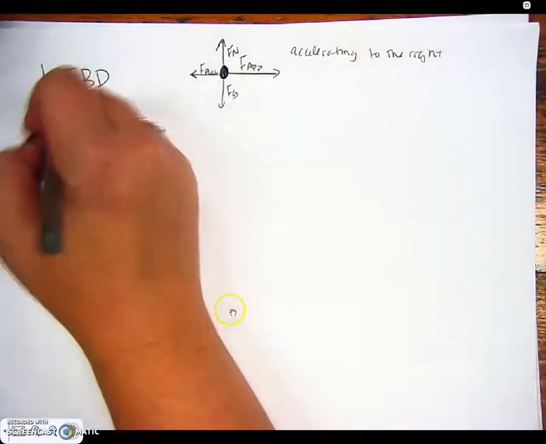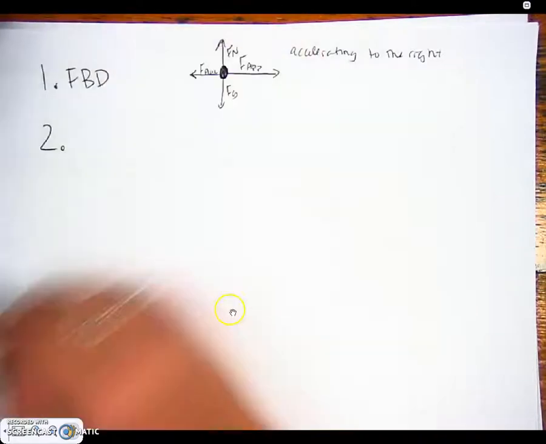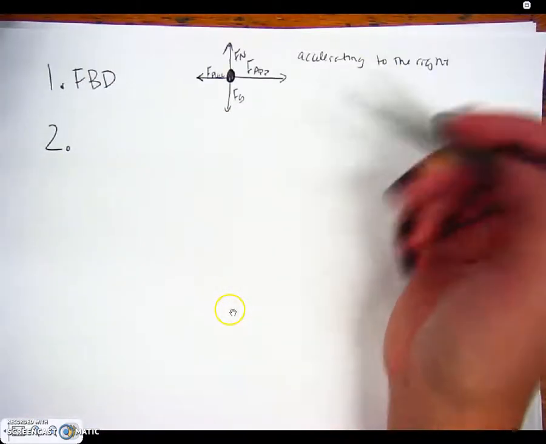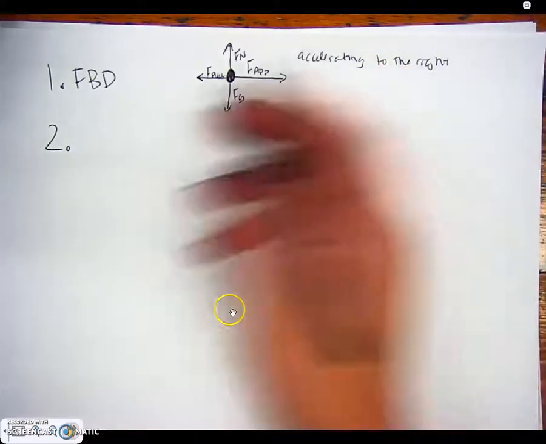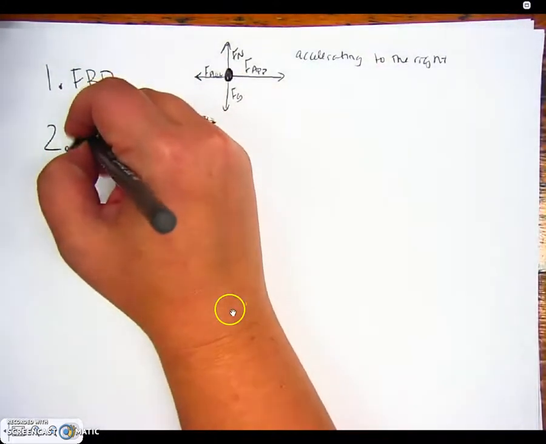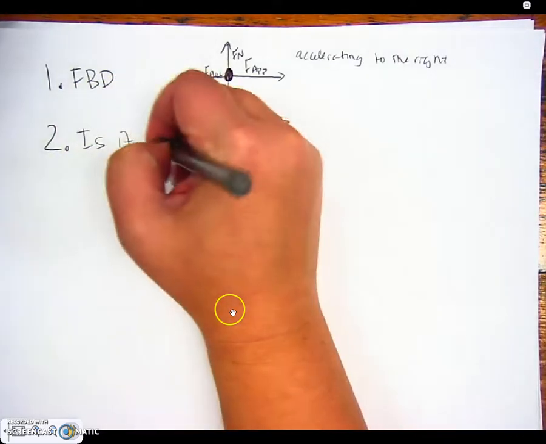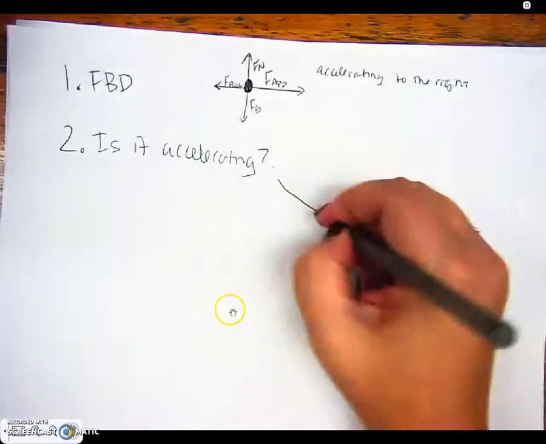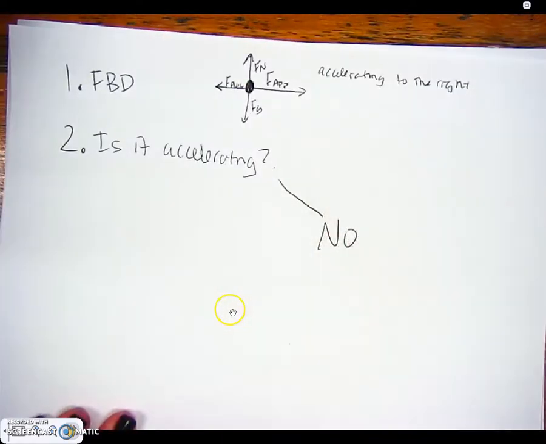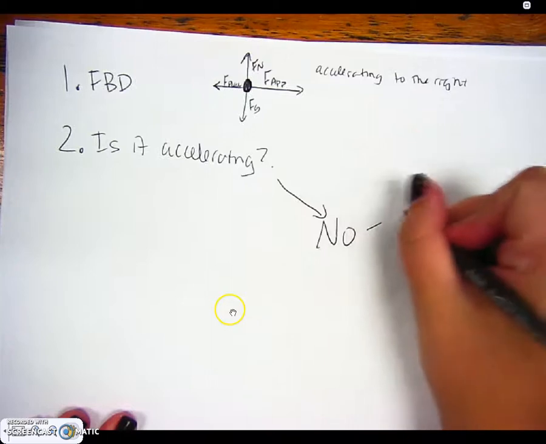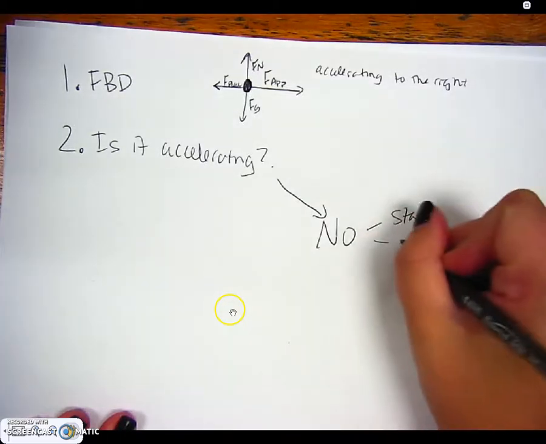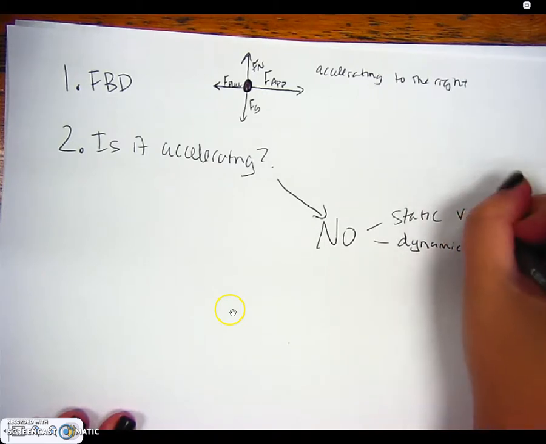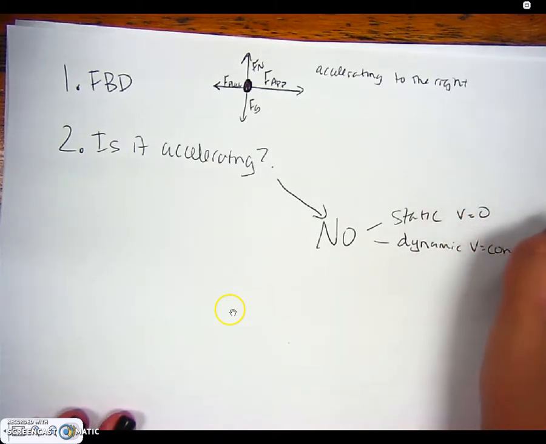The second step for any Newton's law problem, after you draw your good free body diagram that labels all the forces and all the things that are touching the object, is to ask yourself, is it accelerating? So in the example of the book, the book was just at rest on the table, so the answer to that question was no, it wasn't accelerating. Remember, those two instances are static or dynamic equilibrium, where velocity is 0 or velocity is constant.